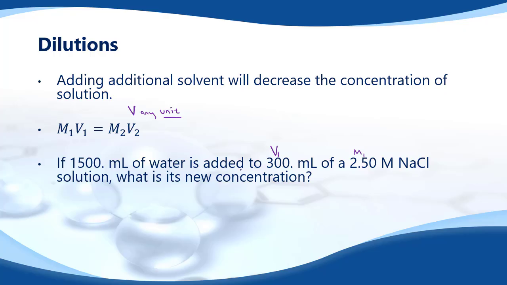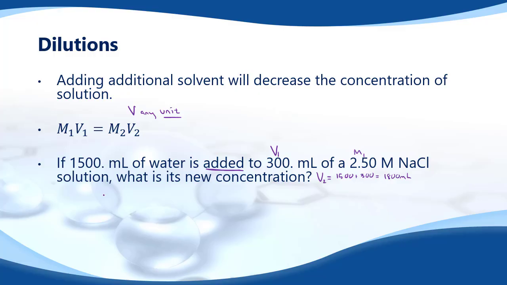We're having 1,500 mils of water added. So what that means is that V2 is equal to 1,500 plus 300, or 1,800 milliliters. Because we're adding the two solutions together, we add together their volumes. So the final volume is 1,800. Now, if I said that we wanted to dilute it to 1,500, we just use 1,500.